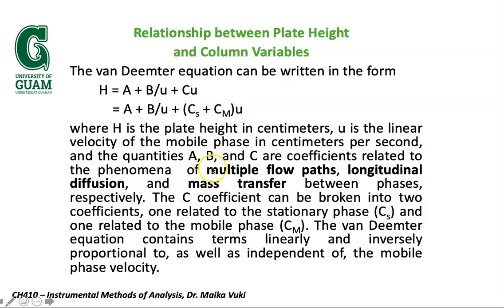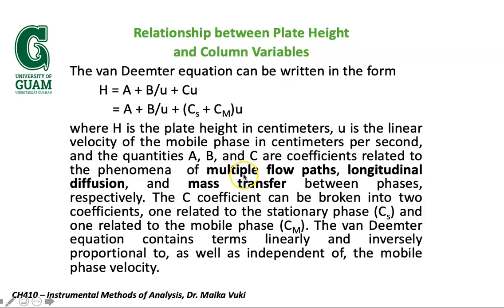A is essentially what we refer to as the flow paths. In a packed column, we are looking at a very wide range of flow paths. When a solid particle of the stationary phase is encountered by the flow of mobile phase, it has to flow around that in order to continue with the flow.